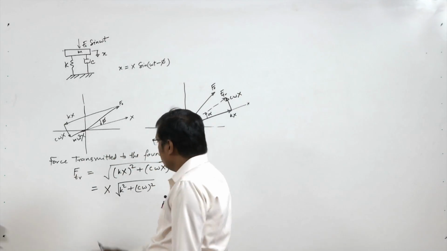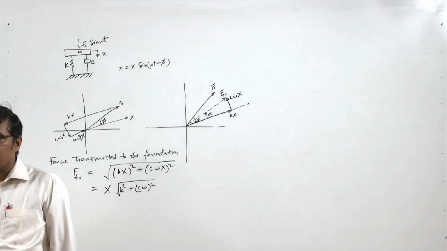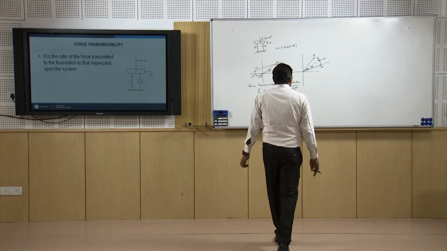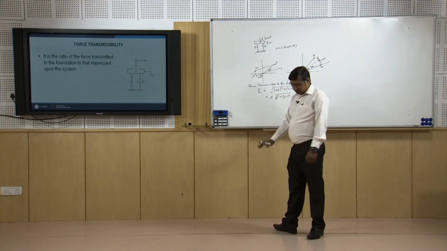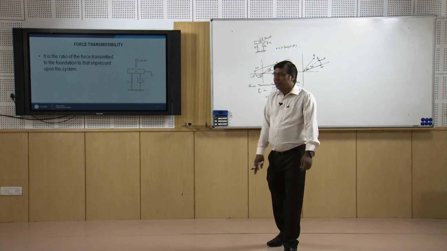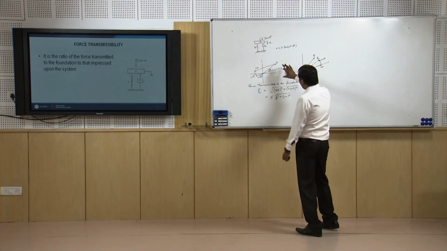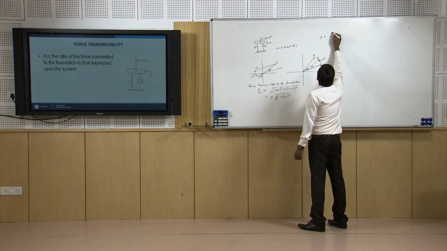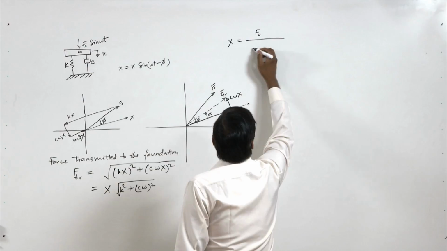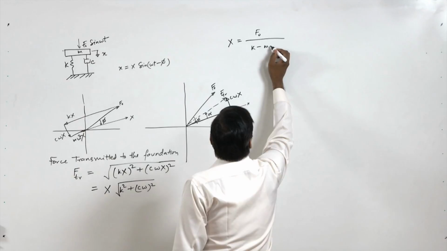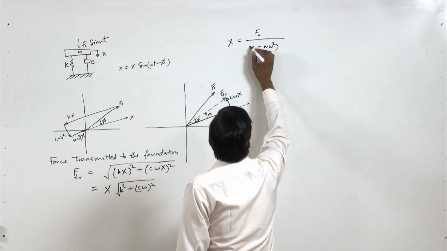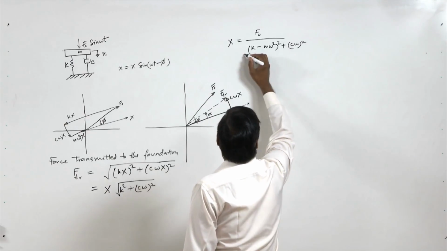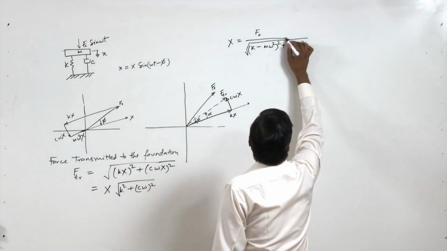Okay, so this is the force that will transmit to the foundation. Now what is x? We already know x from this vector diagram, and x equals F0 upon under root (k minus m omega square) whole square plus (c omega) whole square. So this is x.